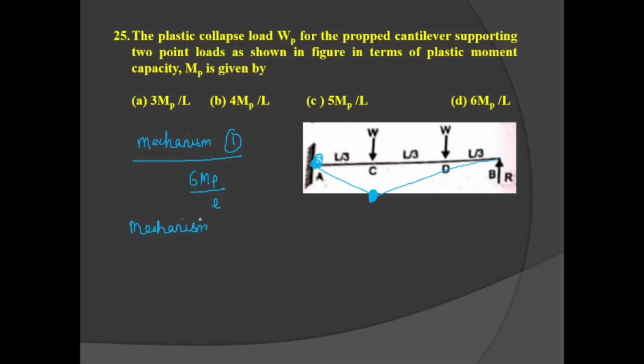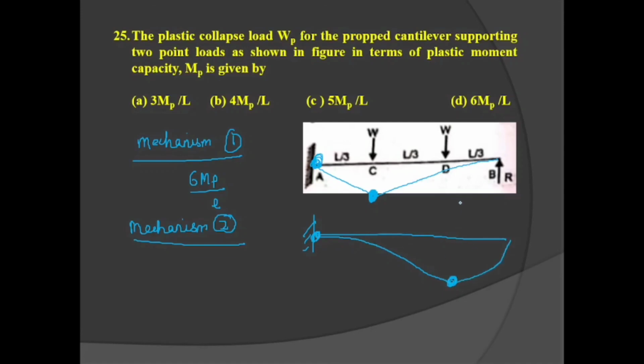Now mechanism 2. I am going to discuss mechanism number 2. One plastic hinge at A and second at D. Now this condition is there.